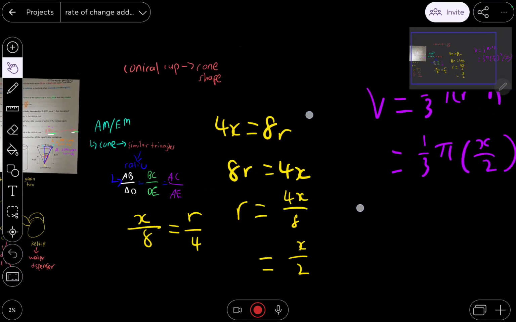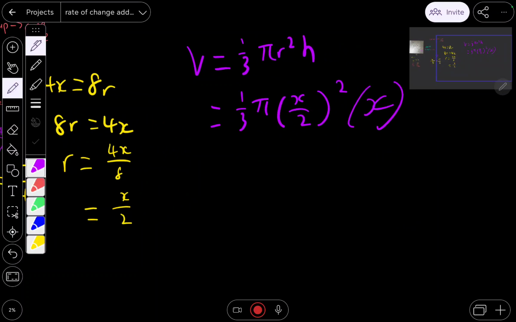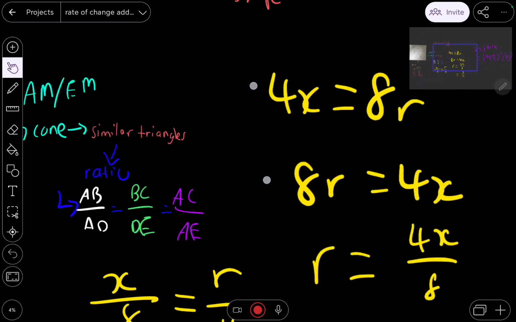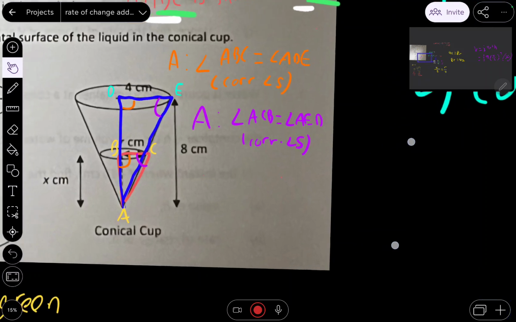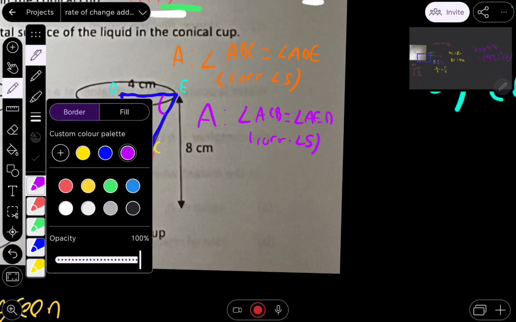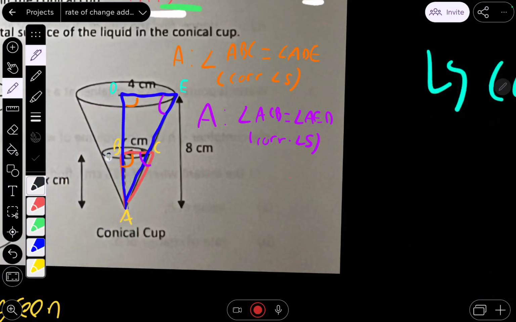I wanted to show you that the water is over here, the one that is in black, this part. I'm sure you know, right?